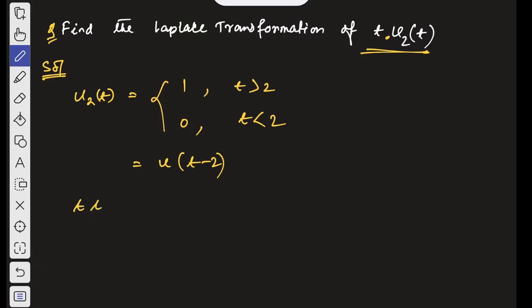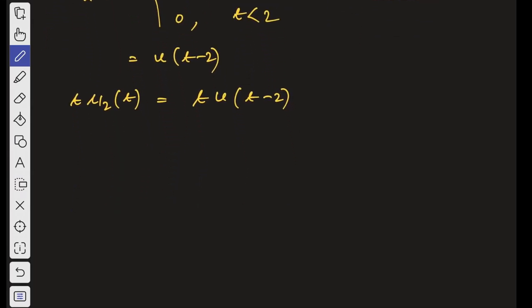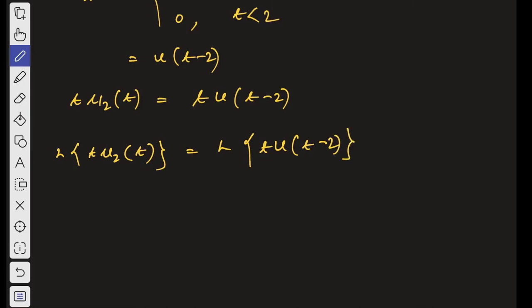So our function is t u2 of t. That means it can be written as t into u of t minus 2, right? So now let us find the Laplace transformation. Laplace transformation of t u2 of t, that's going to be equal to Laplace transformation of t into u of t minus 2. So then what you will get?